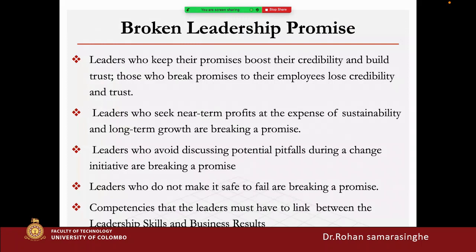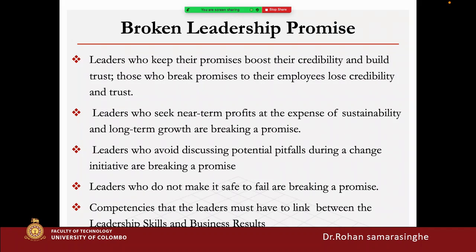The broken leadership promise. This also we have to discuss, to understand what the broken leadership promises are. The leaders who keep their promises boost their credibility and build trust. Those who break promises to their employees lose credibility and trust.